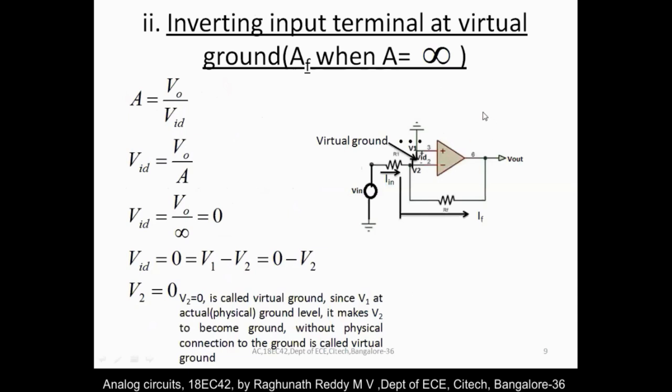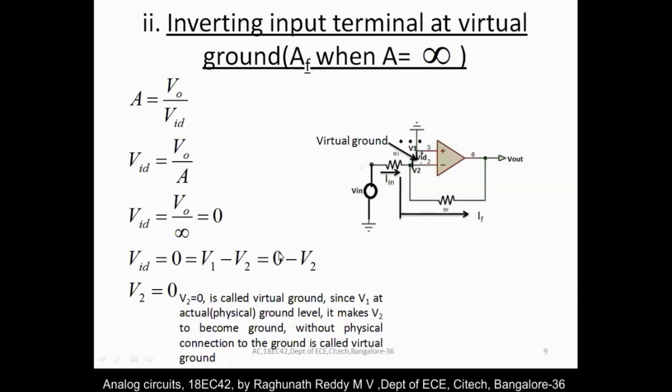Now, the inverting input terminal is at virtual ground. How it acts as virtual ground, that you have to be clear about. You know that A equal to V naught or V out by VID, so VID equal to V naught by A. VID equal to V naught by infinity, because A is infinite for an ideal op-amp, so it is 0. VID equal to 0, so V1 minus V2 equal to 0.